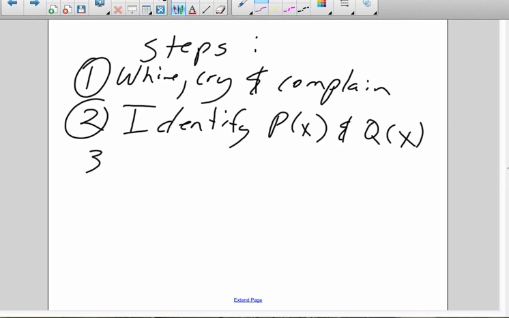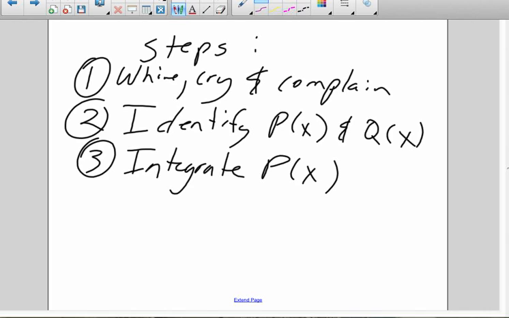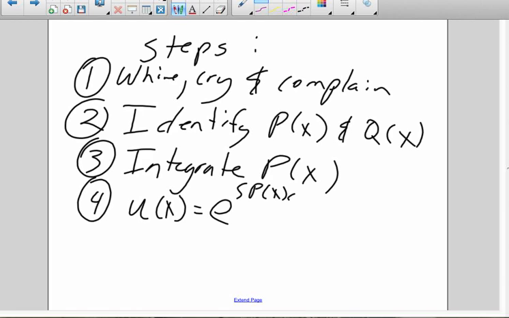The next thing you want to do is integrate p of x, and then you find your integrating factor, this u of x, which will be equal to e to the result from step 3.